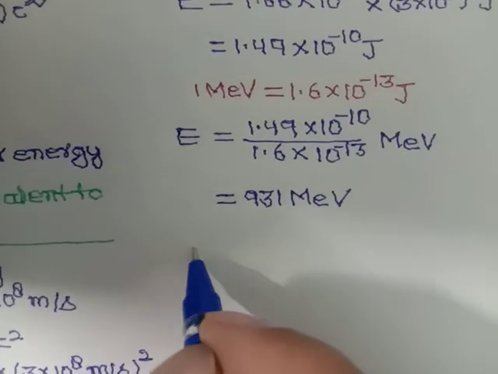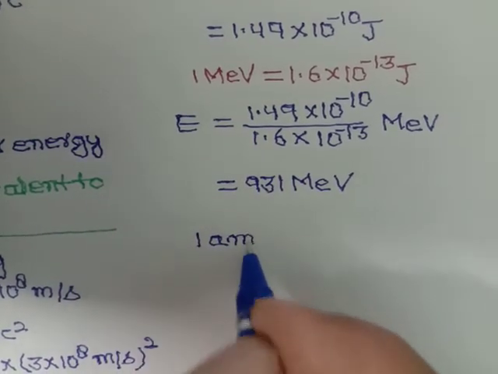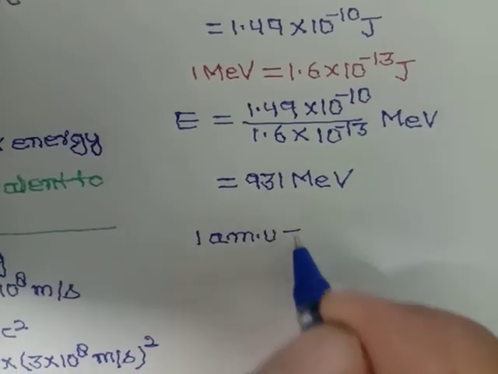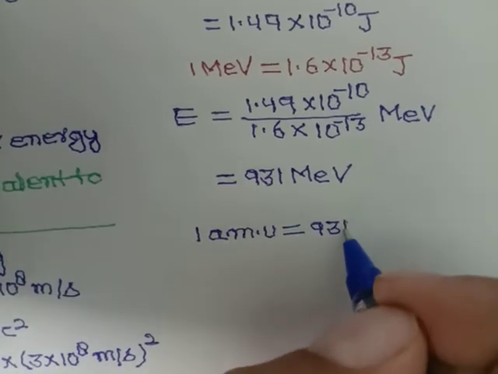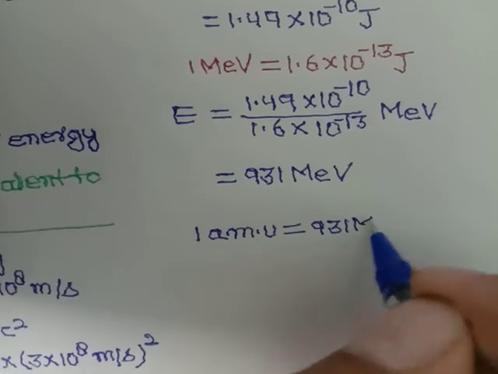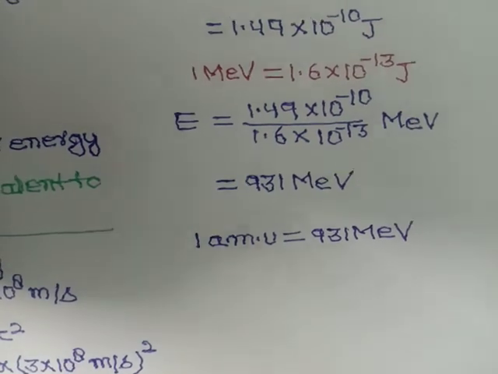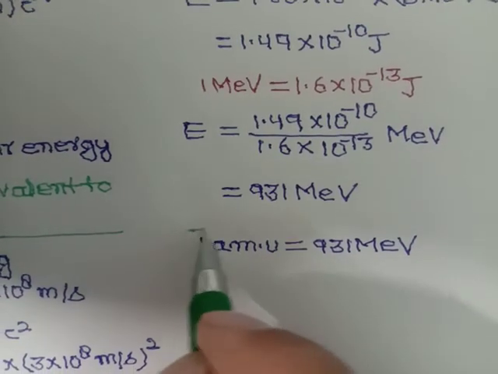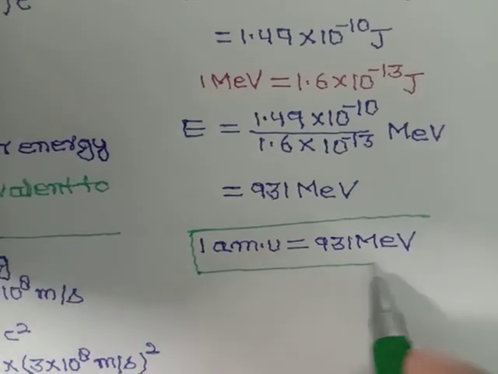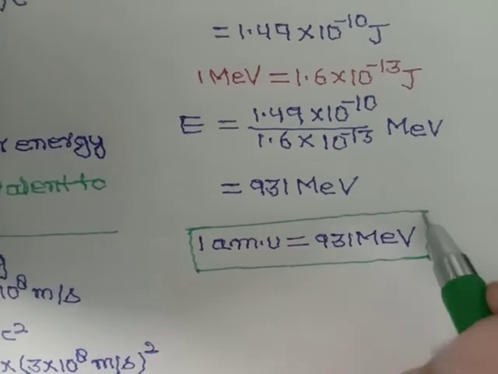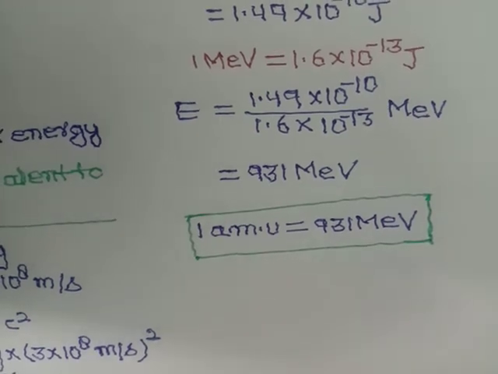So we get the result that 1 atomic mass unit is equal to 931 mega electron volts, right? This is the result that may come in your exams and how to write it. Okay.